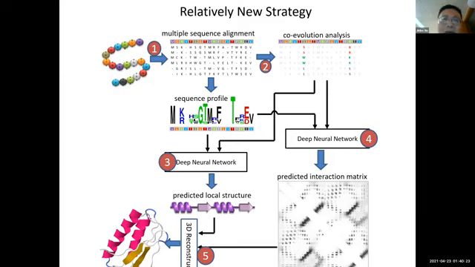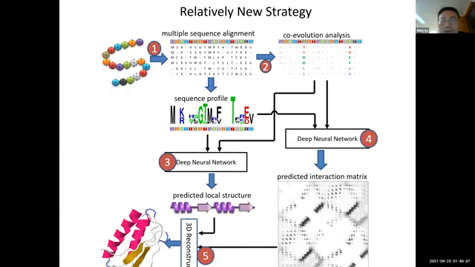From the sequence profile, we can predict the local structure, like the secondary structure or the phi and psi torsion angles. And then from the correlation information and also the sequence profile, we can predict the interaction strength between any two residues. Especially, we can predict the contact or distance between any two atoms or residues in the protein.